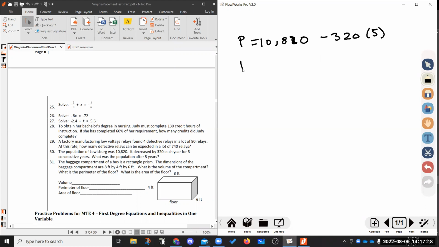So I'll call P for population. P is going to be 10,820 minus 1,600. 0 minus 0 is 0. 2 minus 0 is 2. 8 minus 6 is 2. 10 minus 1 is 9. The new population should be 9,220.